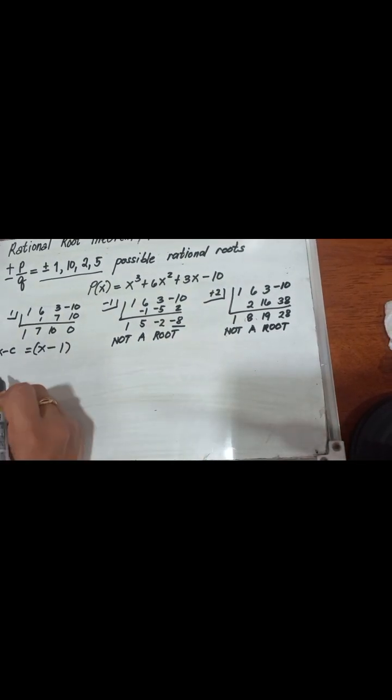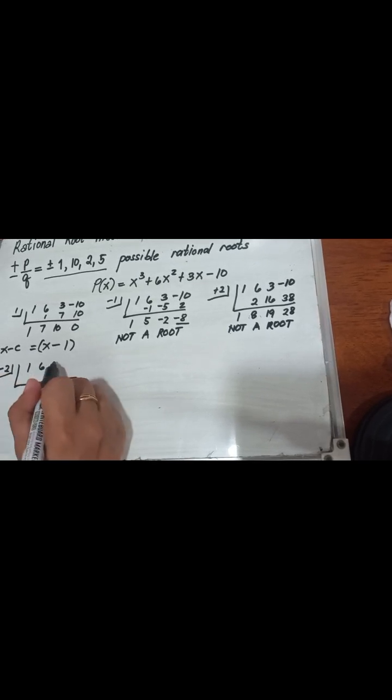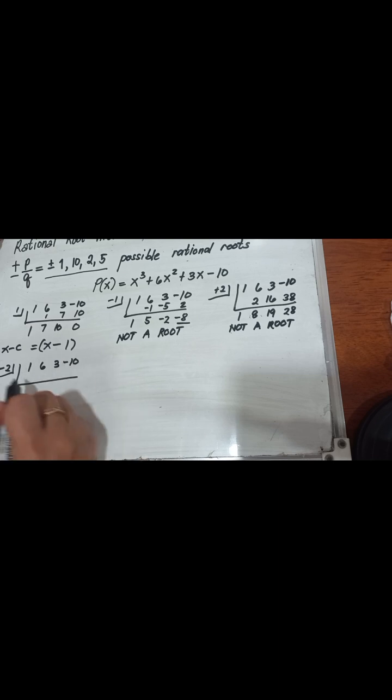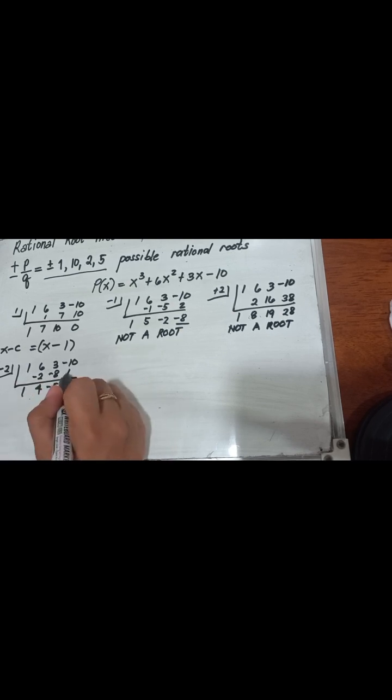Next, we have negative 2. So 1, 6, 3, negative 10. Bring down 1. Then times negative 2, 6 plus negative 2 is 4. Times negative 2 is negative 8. Plus 3, that is negative 5. Times negative 2, that is positive 10.